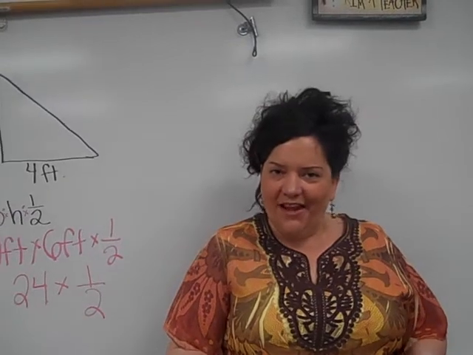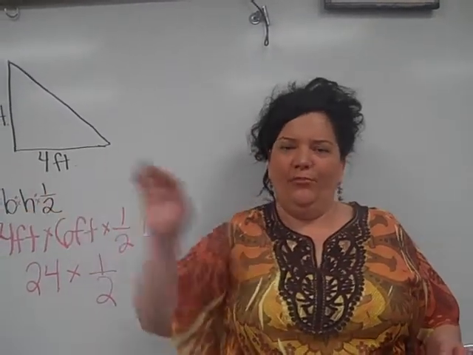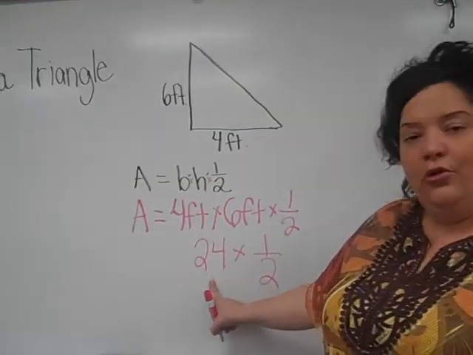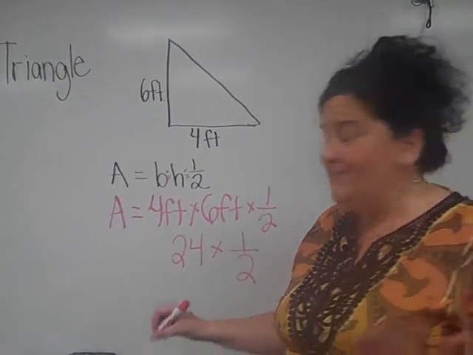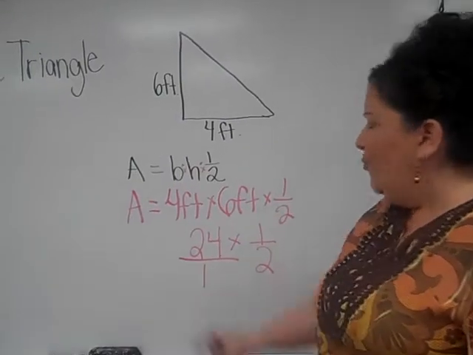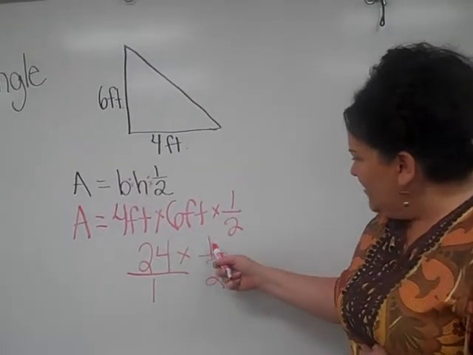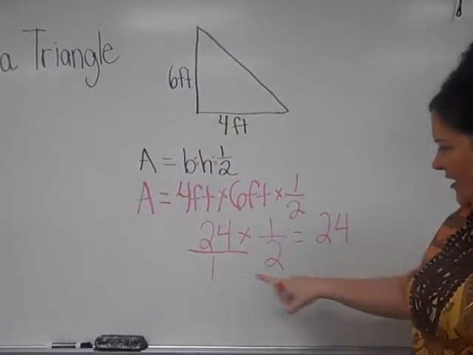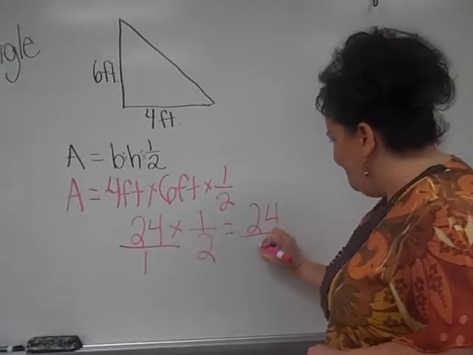And when we're multiplying fractions, students, we know we just go ahead and multiply the factors across. I'm going to turn my whole number 24 into a fraction by simply putting a fraction bar and the value of 1 in the denominator. So 24 times 1 is 24, and then 1 times 2 is 2.